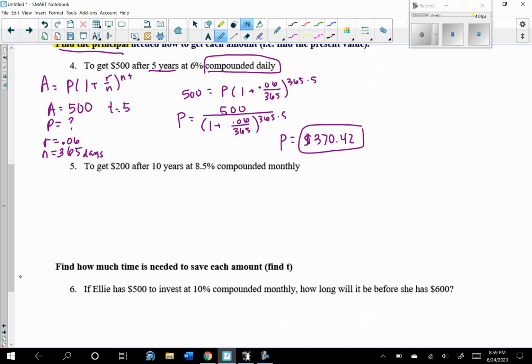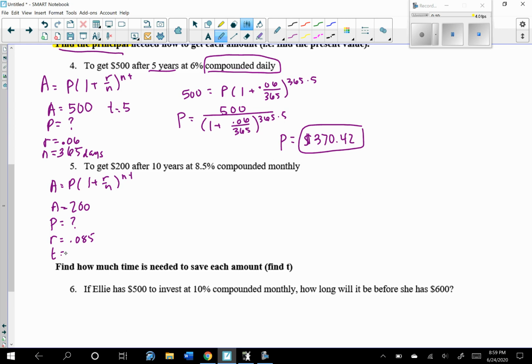So you guys go ahead and see if you can do 5 on your own. When you're done, unpause it, and we'll go ahead and check our work. So again, A is equal to P times 1 plus R over N to the NT power. So for this one, the amount is equal to 200. We're solving for P. And R is equal to 0.085.